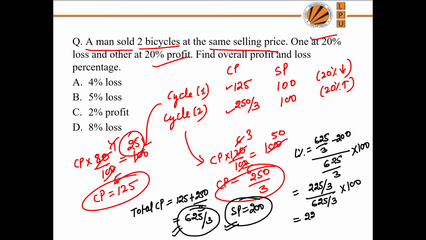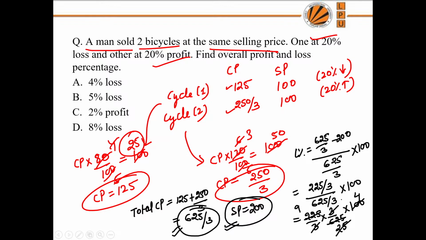So it will become 225 by 3 into 3 by 625 into 100. 3 get cancelled. So if you cancel it, 25 will cut it at 25 times, 25 will cut it at 9 times, 25 will cut it at 4 times.